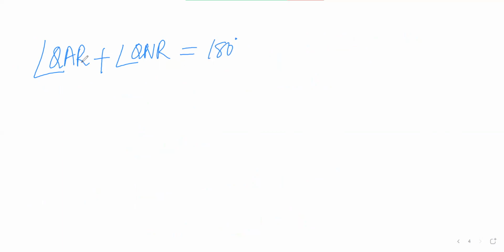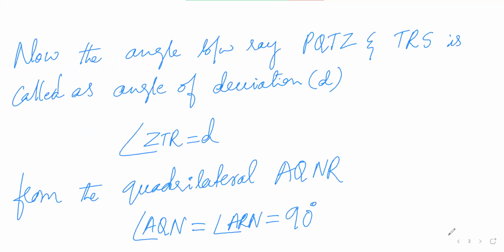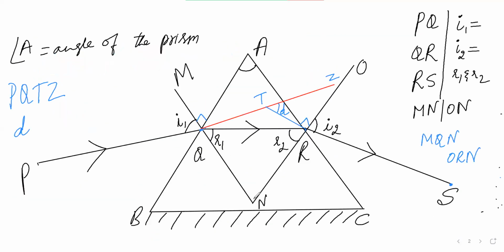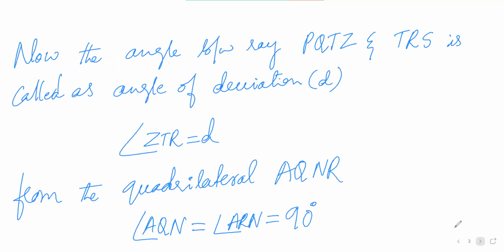But we already know that QAR is nothing but A. But now to find out this angle QNR, we can take the triangle from the diagram. Can you see the triangle here? The below part. QNR is a triangle, is it right? Out of that, we know this is R1 and R2, but we don't know this angle, right?